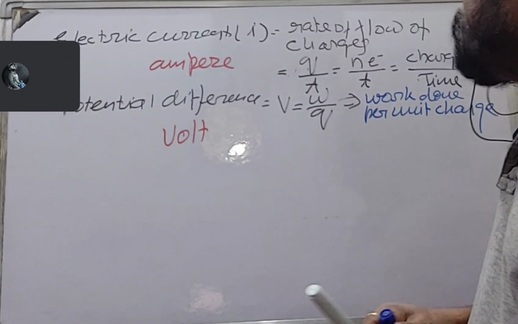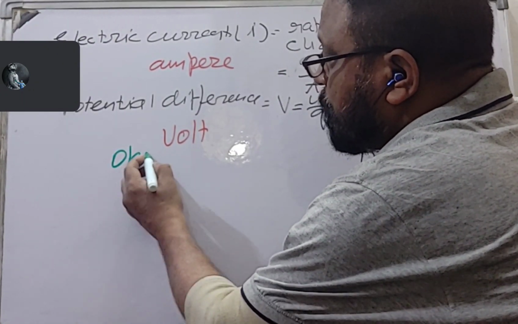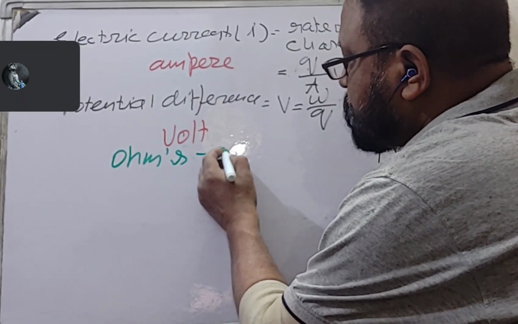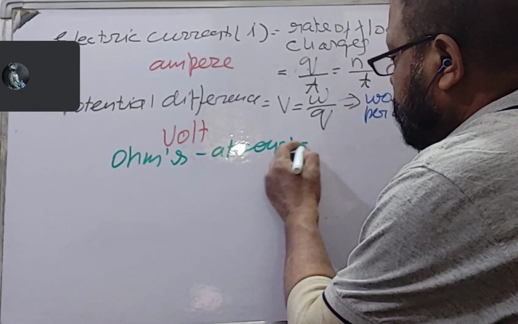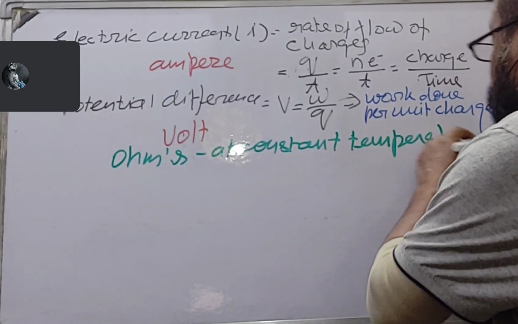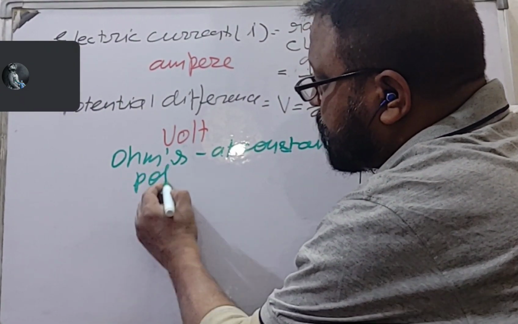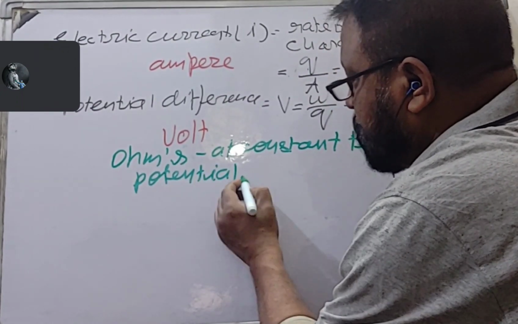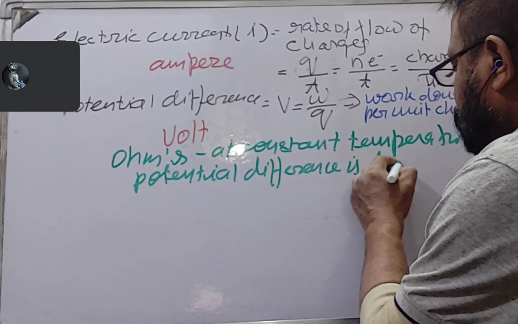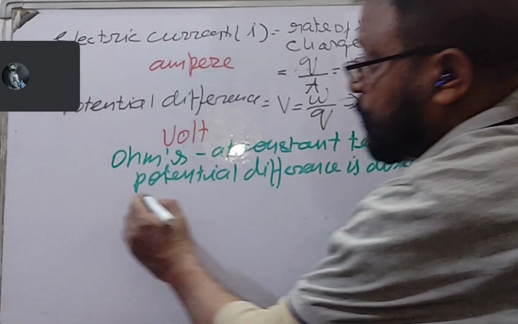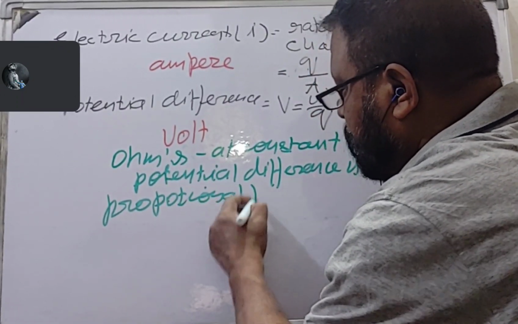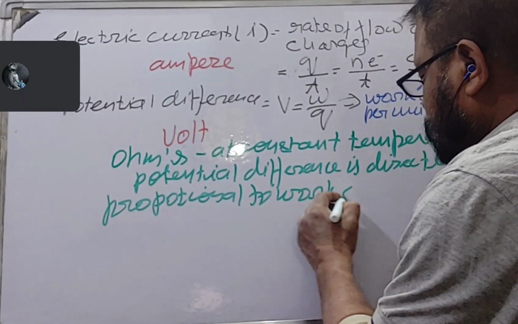And Ohm's law is that at constant temperature, the potential difference is directly proportional to the current, right?